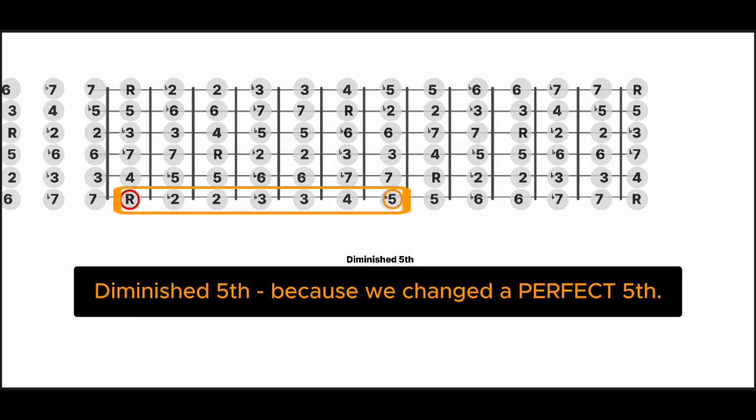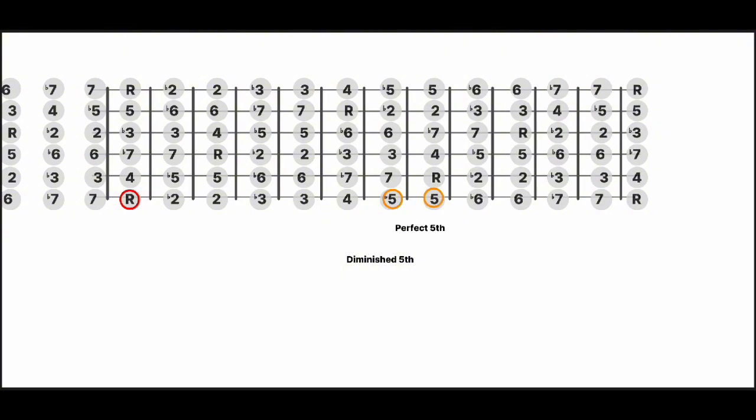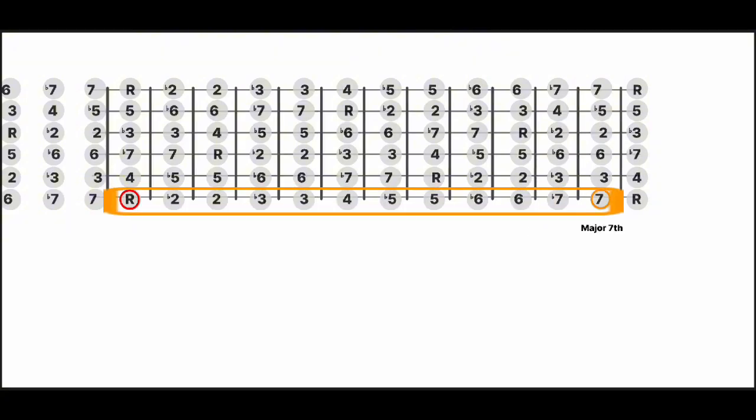This one is called a diminished fifth, and it's because we're altering the perfect fifth. We'll simplify this here in just a second. Flat 6, or the minor 6, then we have the major 6, the minor 7, the major 7, and then you're back at the root again.